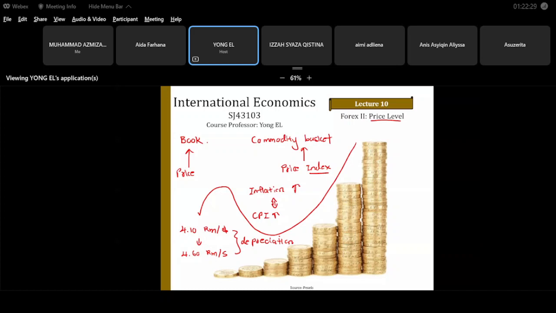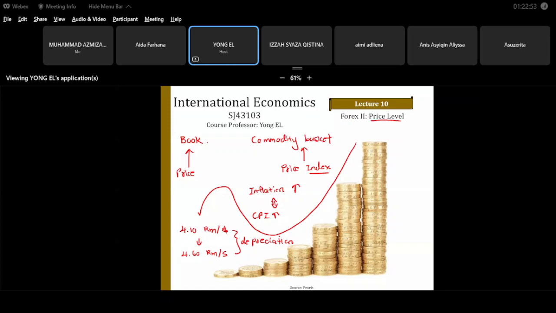Now, this is something we realized in the past couple of years, even until now, still experiencing inflation and depreciation. Hence, in this lecture, you can think about what is the relationship between inflation and currency depreciation or appreciation. At the end of the lecture, you can answer the question why inflation can cause currency value to drop, to depreciate against the US dollar.